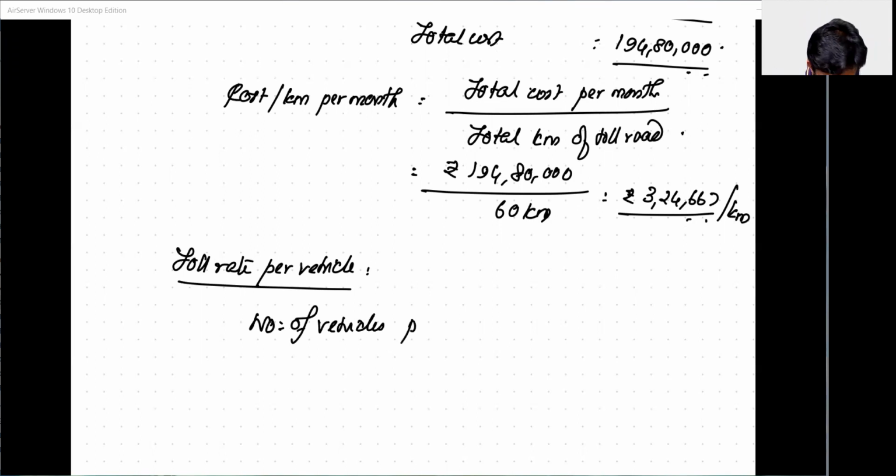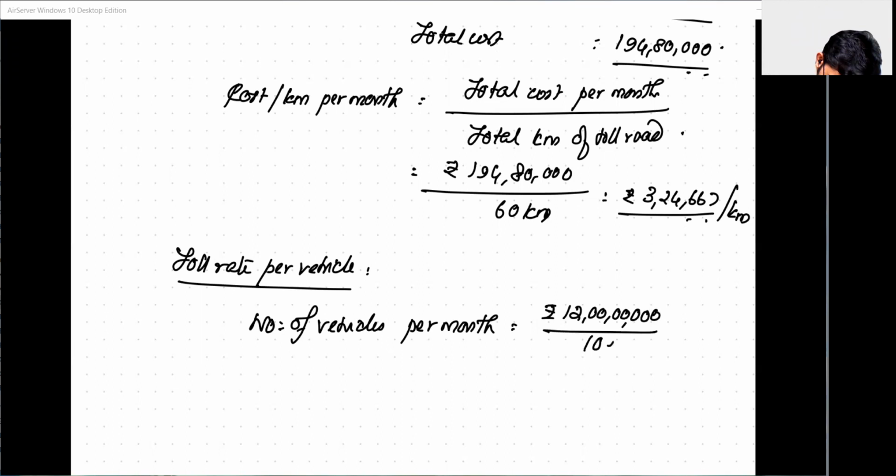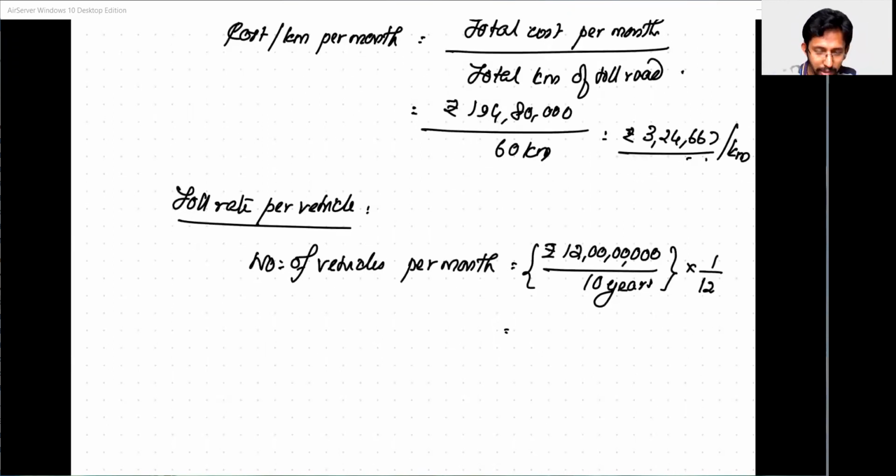Number of vehicles per month is equal to total 12 crore divided by 10 years. So this is the number of vehicles per year into 1 by 12. That is the number of vehicles per month. So that is equal to 10 lakh vehicles.